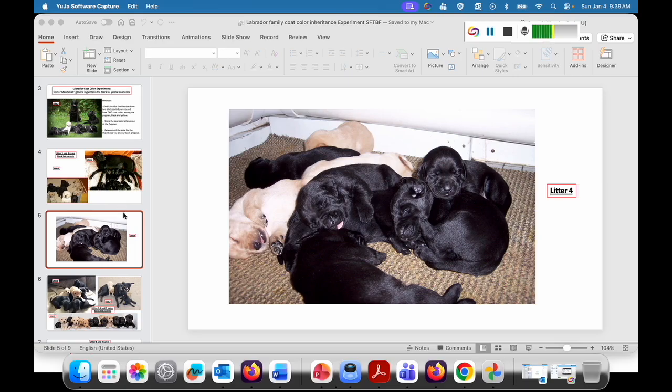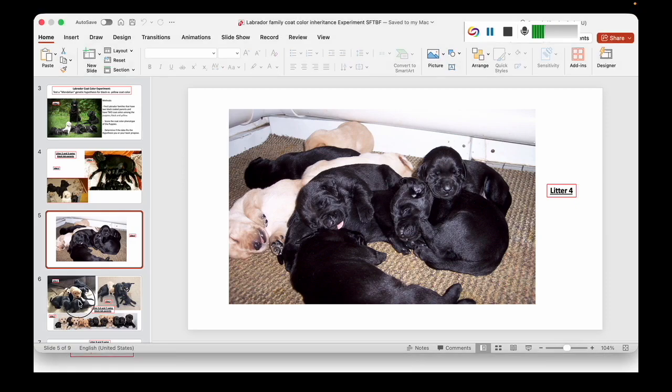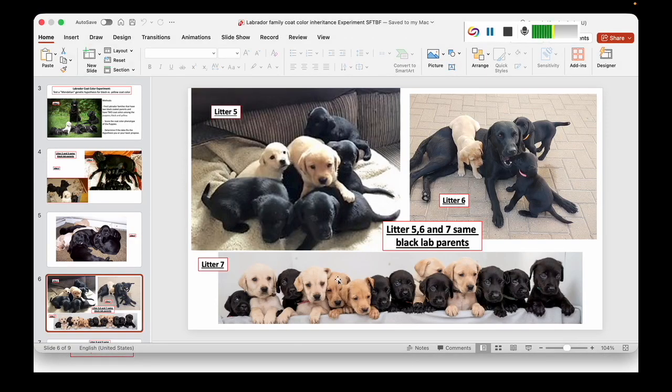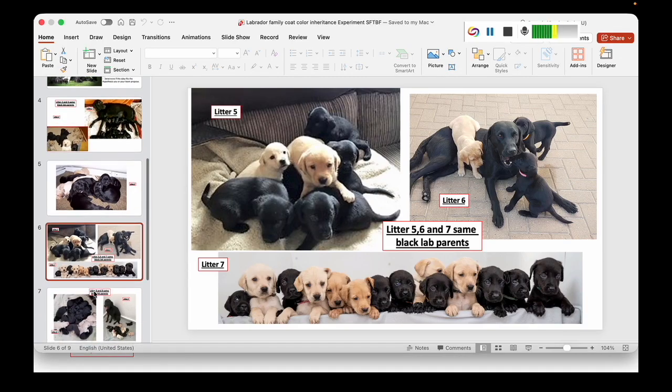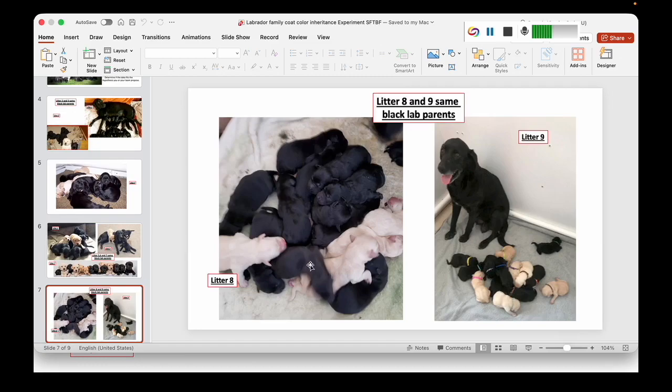And what I want to point out is that, with the nature of these pictures, sometimes you can do a good job of counting every puppy and assigning its phenotype. But with some of the pictures I have, the counting of the puppies is a little bit more challenging. So there's always an inherent challenge in gathering biological data.